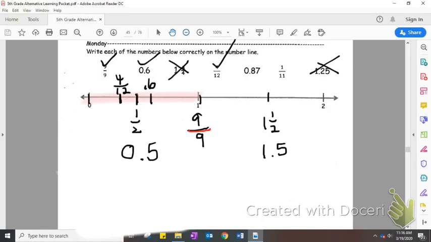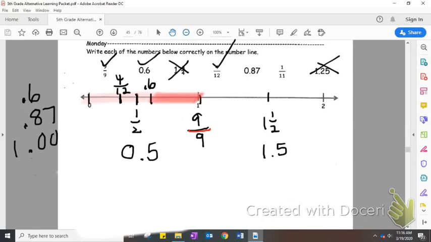Alright, now I've got 87/100ths. Okay, it's written as a fraction, so my best bet here is to try and figure out where it belongs in this range. So let's write 6/10, 87 hundredths, and 1 whole.